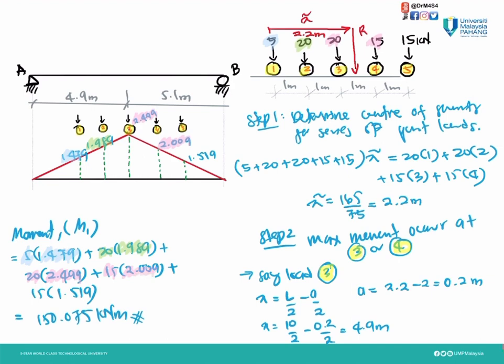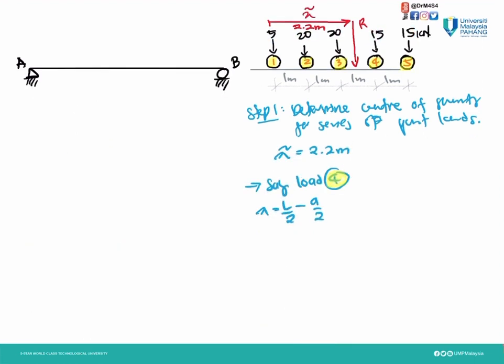Then plus the last load, 15 kilonewton. The value on the influence line is 1.519. So we get our value for M1 is 150.075 kilonewton meter.